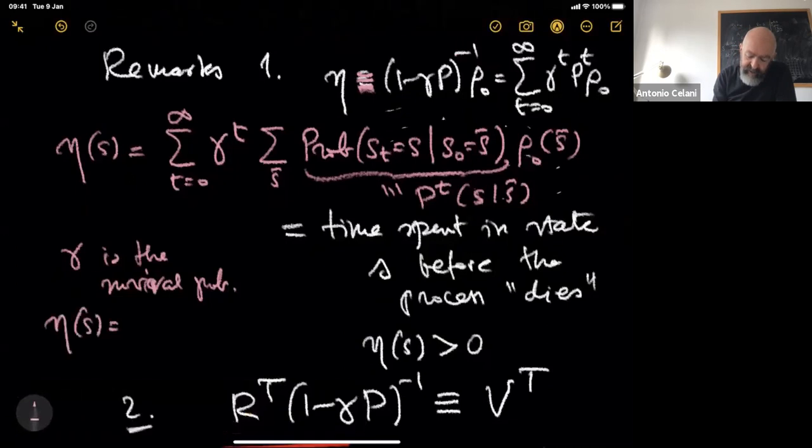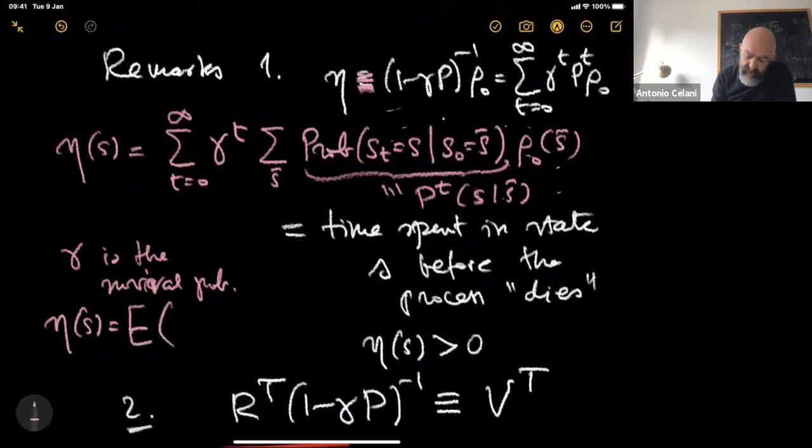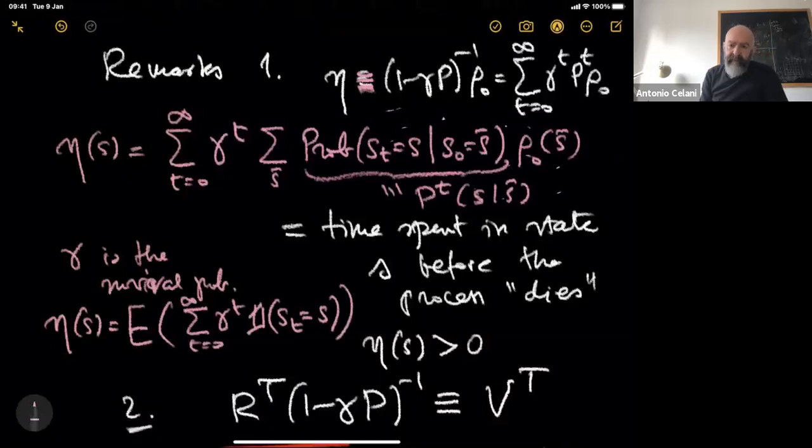So eta of S is equal to the expectation of the sum over t going from 0 to infinity of gamma to the t, times the indicator function that at time t I am in state S. This is what I just said in words: every time that you step on state S, you mark a 1, you have visited the state, and then you sum with all this gamma to the power t.